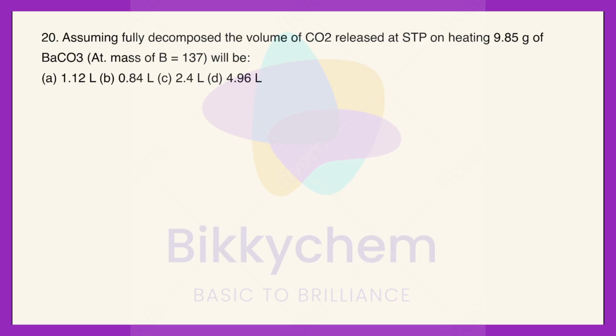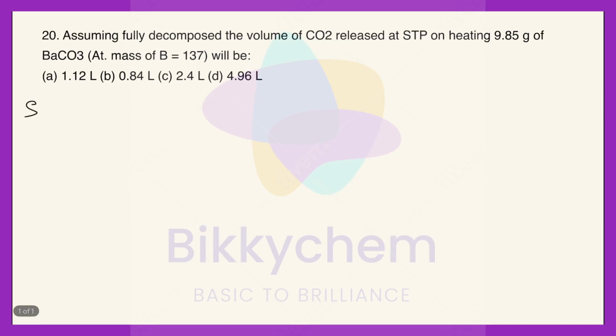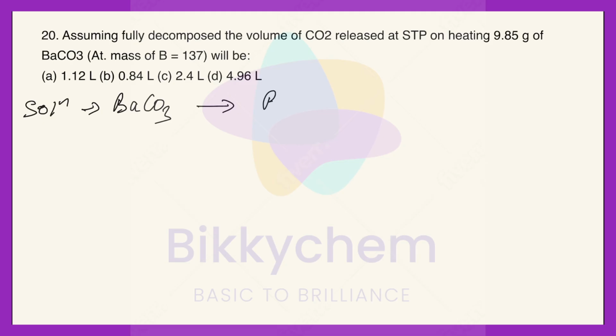Okay, dear student, let us see this question. We need to find out the volume of the carbon dioxide released on heating 9.85 gram of BaCO3. So BaCO3 decomposes to give BaO plus CO2.